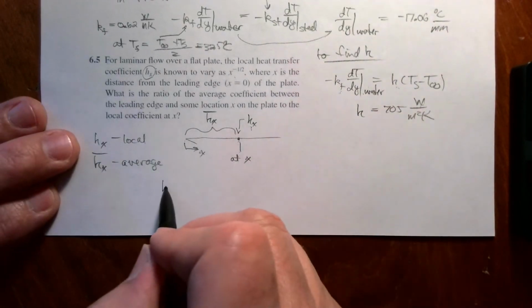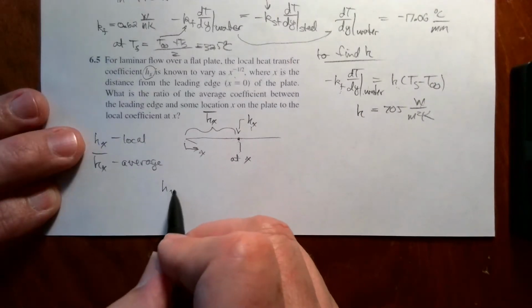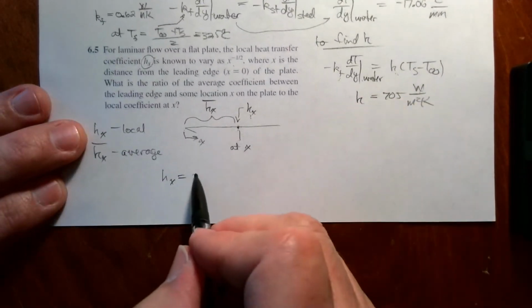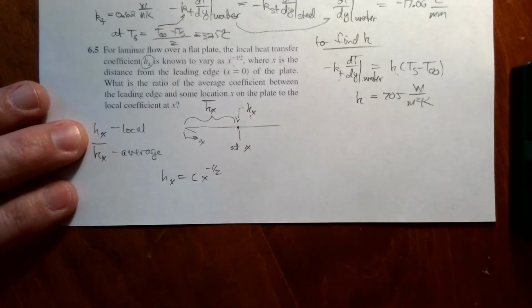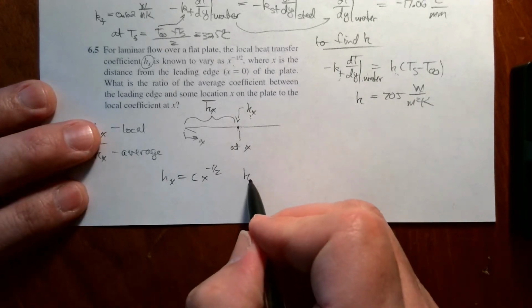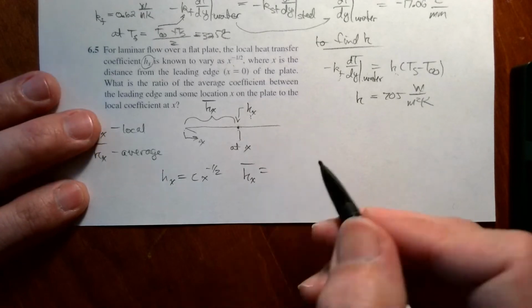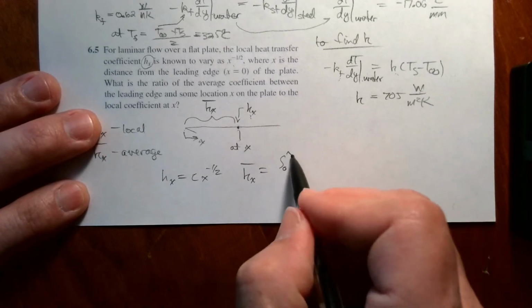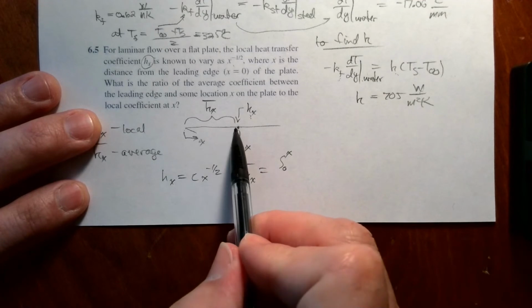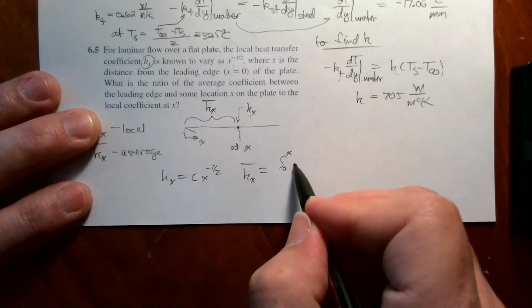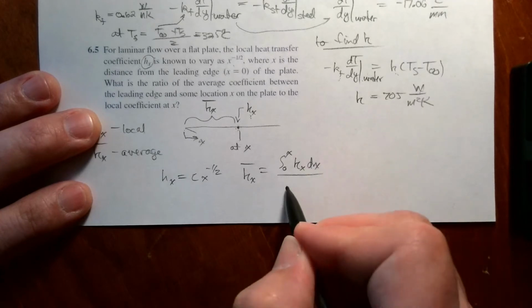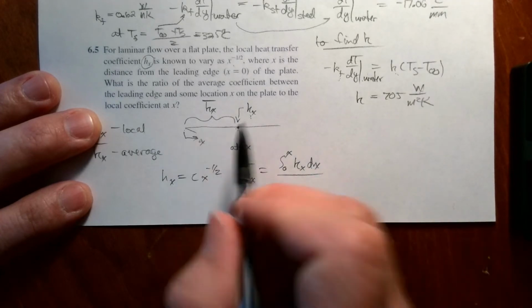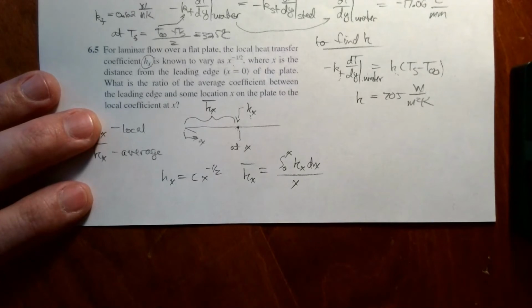Okay, so what do we know? We know h, the local value of h, is equal to a constant times X to the minus 1/2. If I want to figure out what is h bar, then we have to integrate from 0 to X. We integrate Hx dx and then divide by the distance from 0 to X to get an average value.